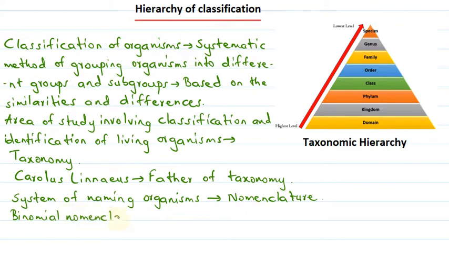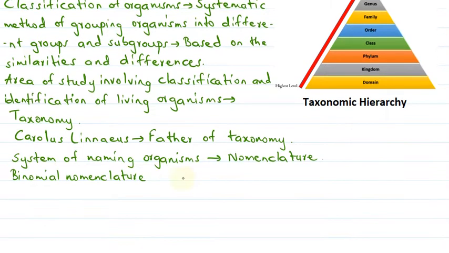Now there is another term called binomial nomenclature. So what is it? Binomial nomenclature is also a system of naming. According to binomial nomenclature, the living organisms are given names, and this name has two parts. So what are these parts?